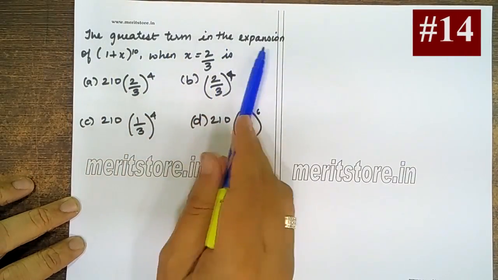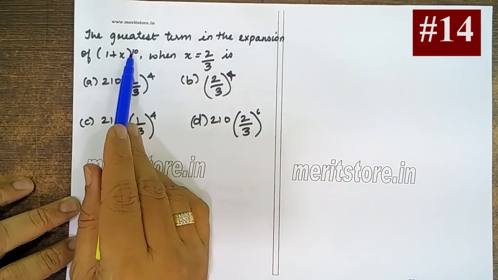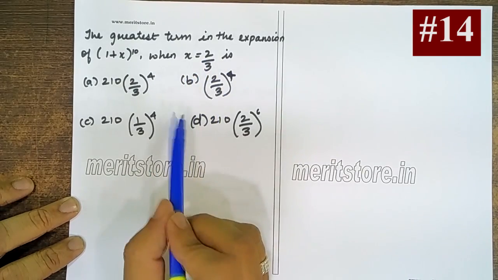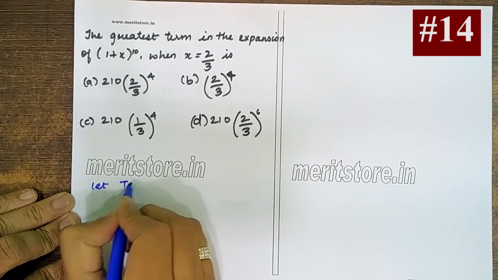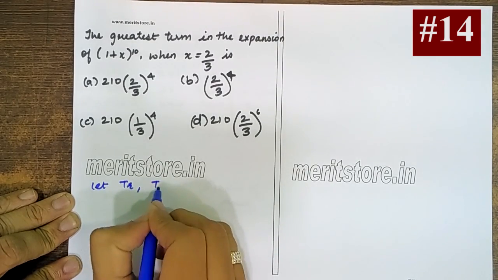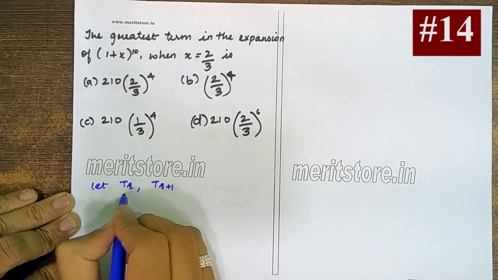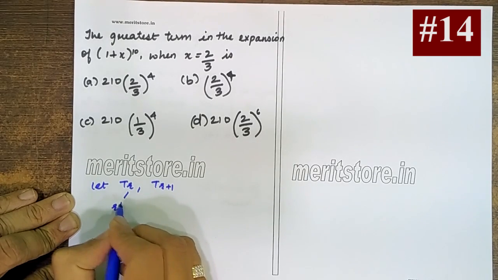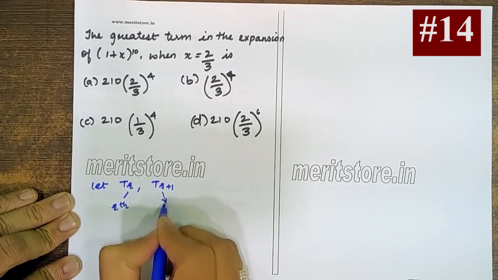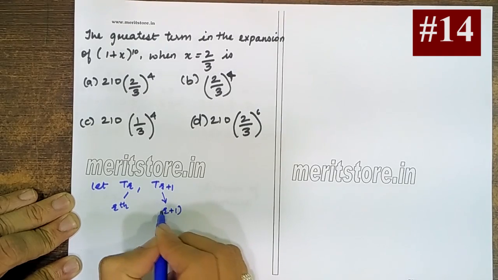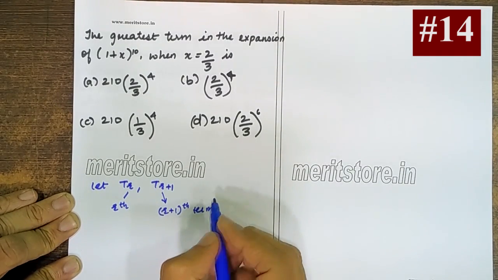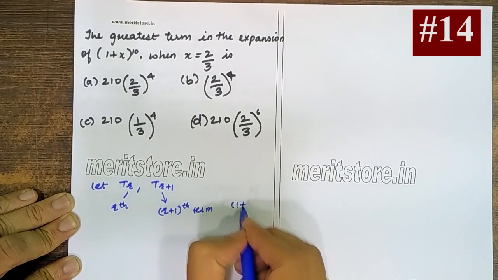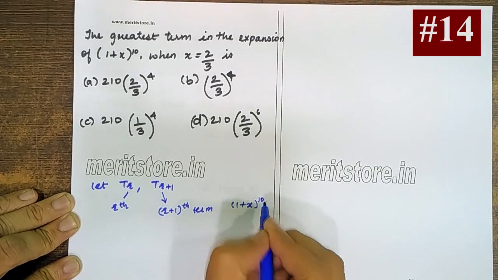The greatest term in the expansion of 1 plus x raised to 10 when x is 2 by 3 is. Now first of all we'll assume let tr and tr plus 1 be the rth term and r plus 1th term in the expansion of 1 plus x raised to 10.